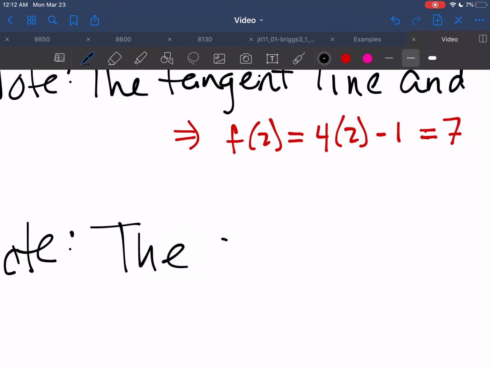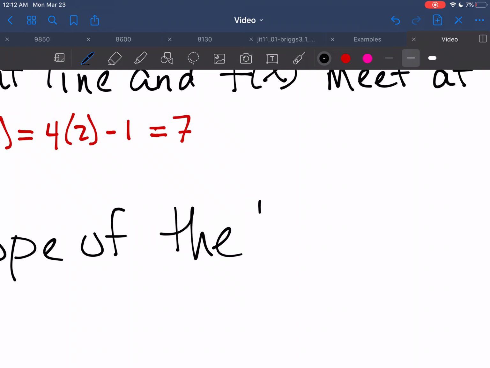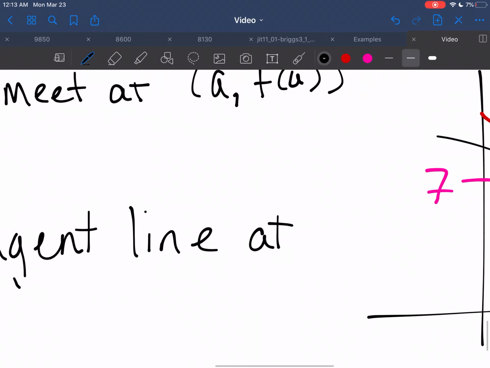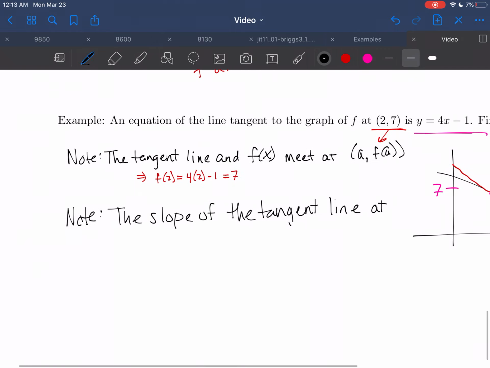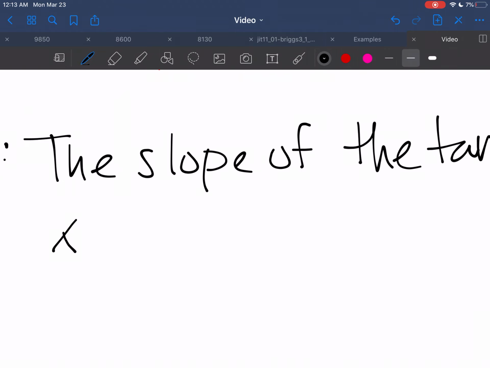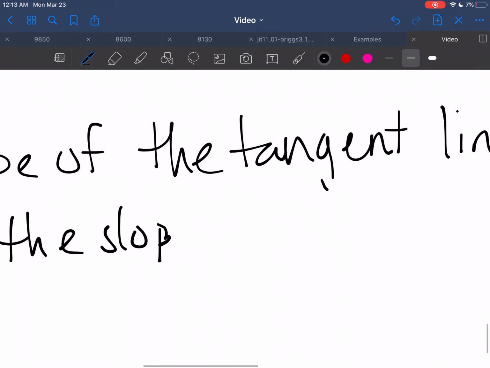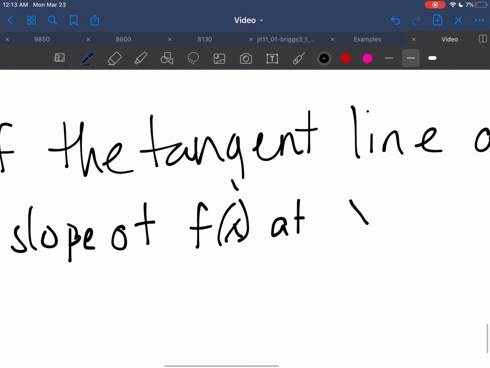the slope of the tangent line at x equals a, ran out of room, is the slope of f of x at x equals a.